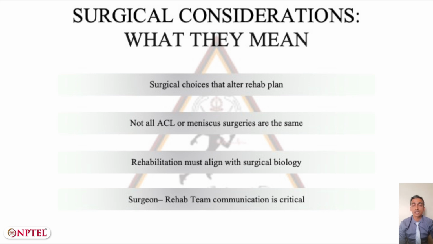Rehab is not a generic template. It must match the biology of what was done in surgery. This is why close communication between the surgeon and the rehab team is absolutely essential.